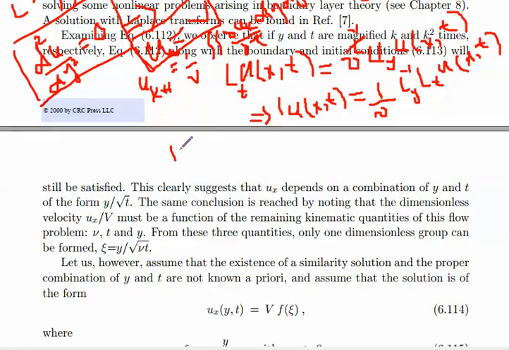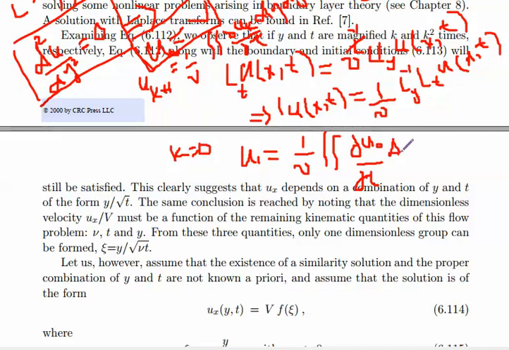Now for k equal to 0, this form gives u1 equal to 1 by nu, double integral of partial u naught by partial t, dy into dy.